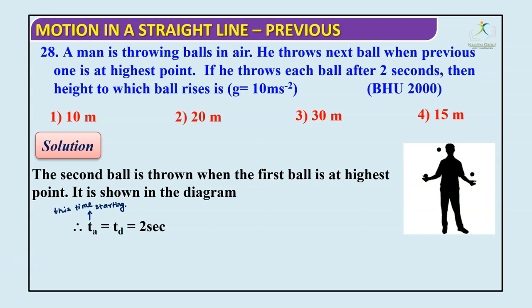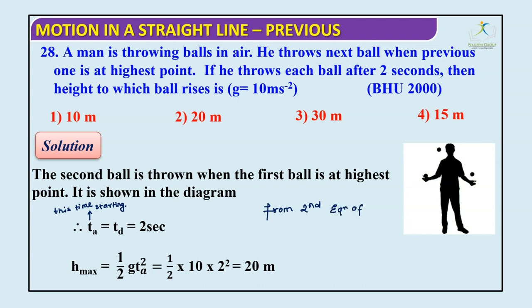And after a second time, the time interval for all the cases will be the same. We know the formula from projectile motion for h max, the maximum height, or we can also calculate it from the equations of motion, from the second equation of motion, that s is equal to ut plus half at square.